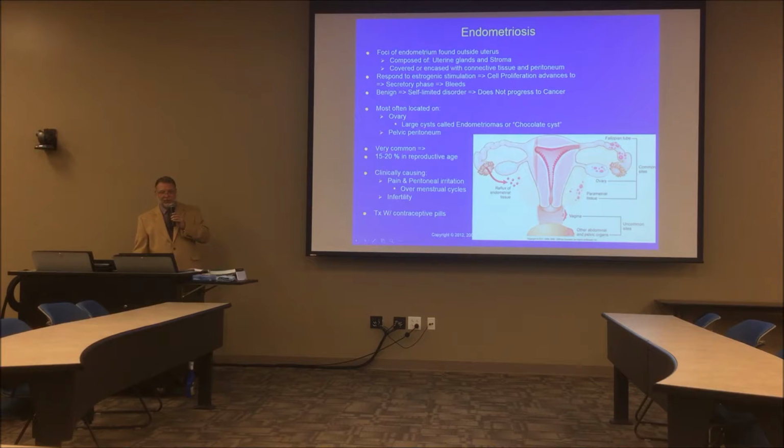Endometrium should be only inside the uterus, but when this tissue goes outside, with any normal menstrual cycle, it's going to bleed. Those cells are going to grow, and eventually there's cell proliferation to the secretory phase, and that's going to cause some bleeding. This is a self-limited disorder, and typically will not progress into cancer, but it's very painful and very uncomfortable. It might lead to infertility, and the nice thing is that it can be treated with contraceptive pills.